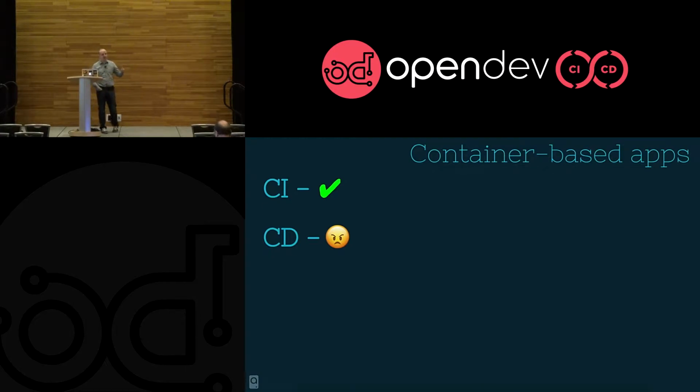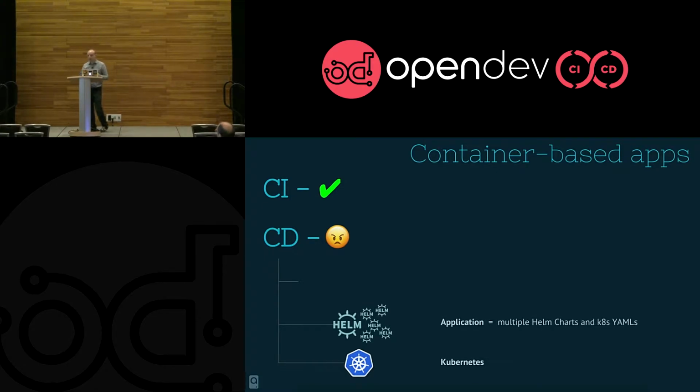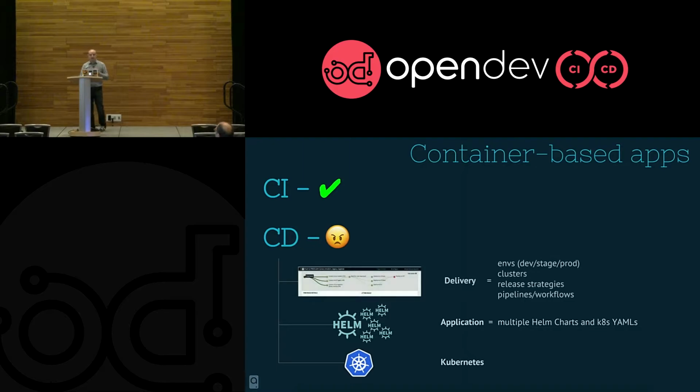And right now we're talking about container-based applications which run on top of Kubernetes. Typically you will see something like this. At the very bottom level, you have Kubernetes, which gives you container orchestration. On top of that, you have Helm. So you have an application consisting of multiple Helm charts or Kubernetes manifests and a number of containers. And then on top of that, you have some sort of delivery pipelines.